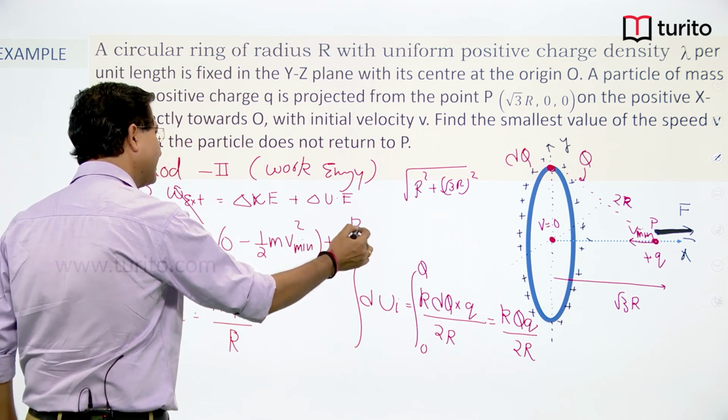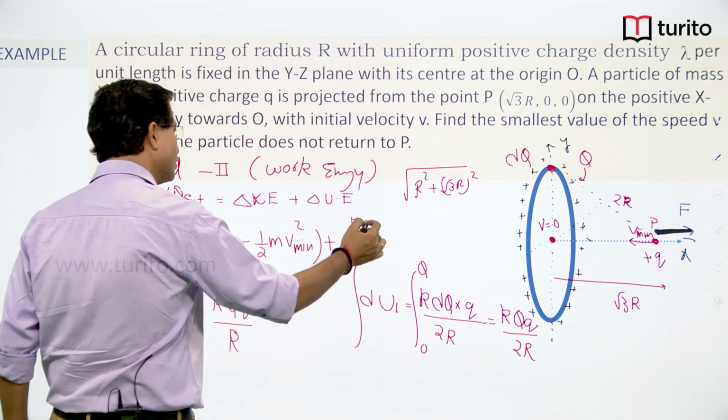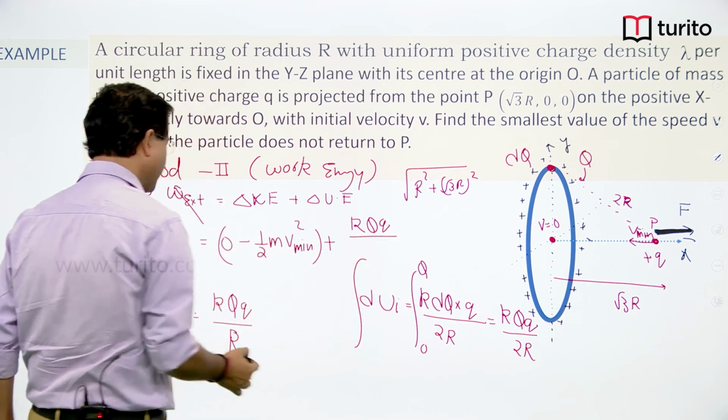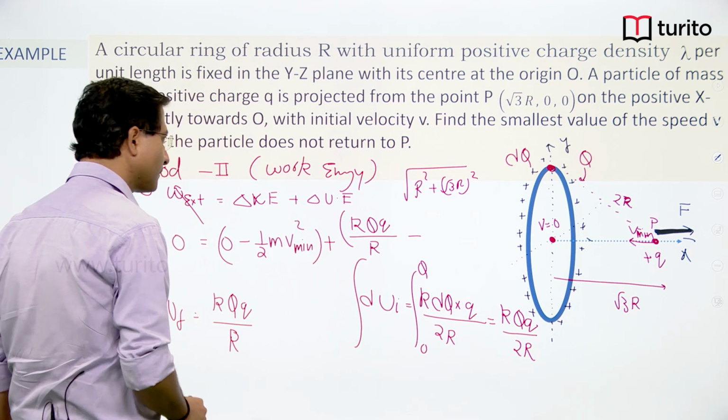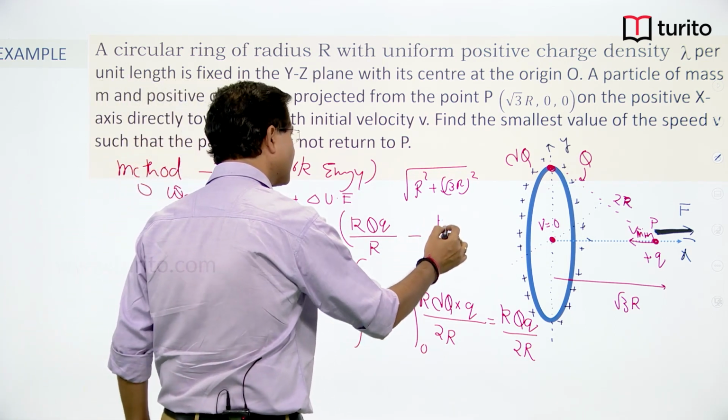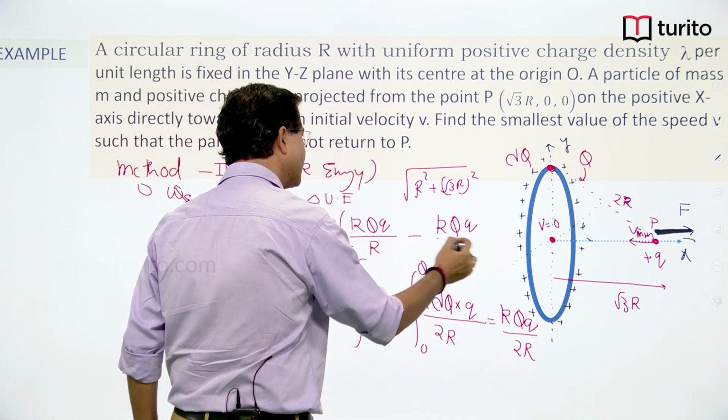I write here K Q q divided by this capital R minus K Q q divided by 2 R.